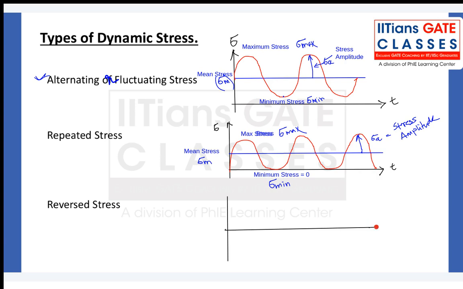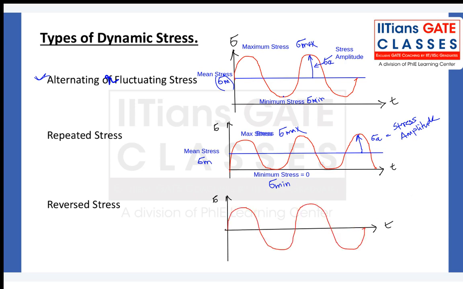The x-axis is the time axis, and the y-axis is the stress axis. And reverse stress is something like this. I hope you're able to understand the difference between the three.